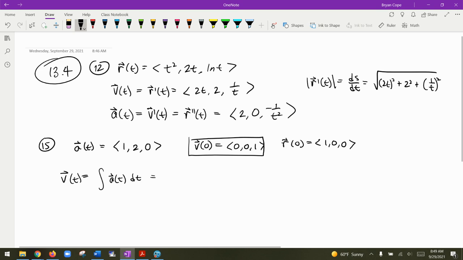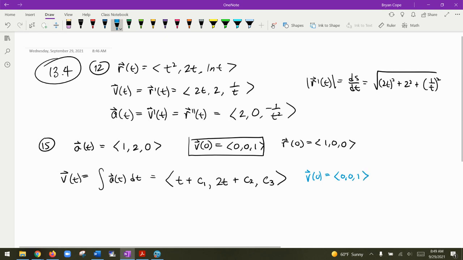So this means we'll take the integral of 1 with respect to time. That gets us t, and I'm going to use different constants each time. So I'm going to say t plus c1. Then we've got 2t plus c2, and we have just a constant c3. Now we have to use the fact that v of 0 equals 0, 0, 1.